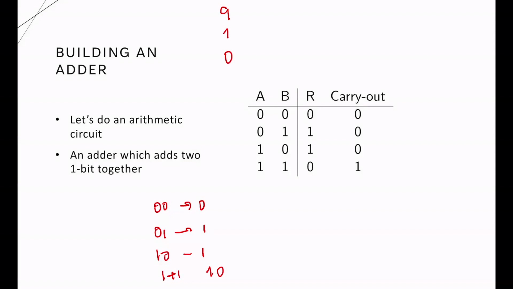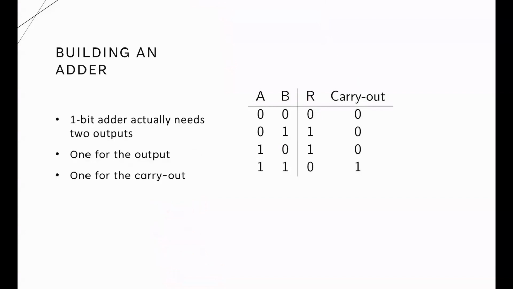So the same thing here: you add 1 and 1, you have output as 0, and then you get a carry over to the next bit. Okay? So when you add 2 bits together like this, you're not going to have just one output. You have the output as sum here, and then you have a carry out as well. So the truth table will have 2 inputs and then 2 outputs.